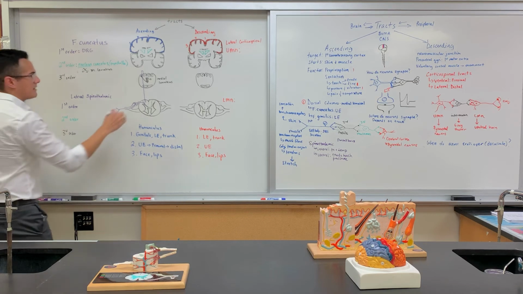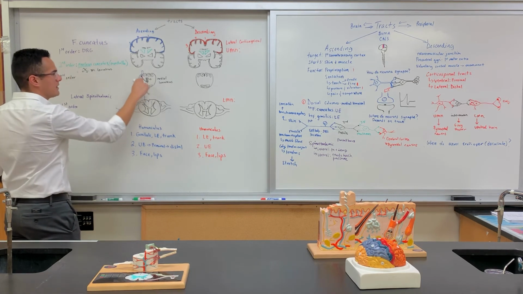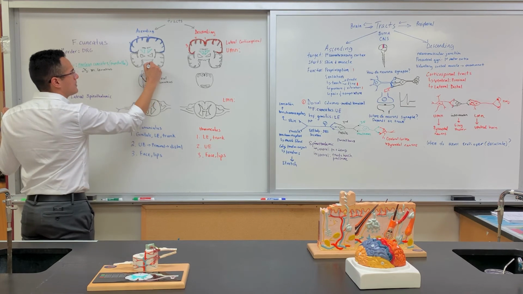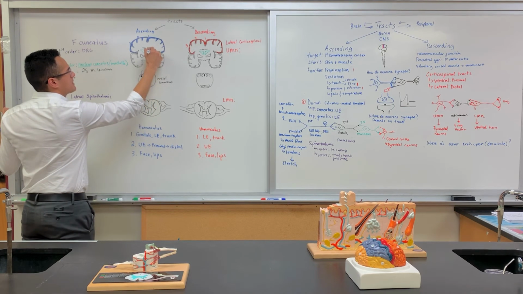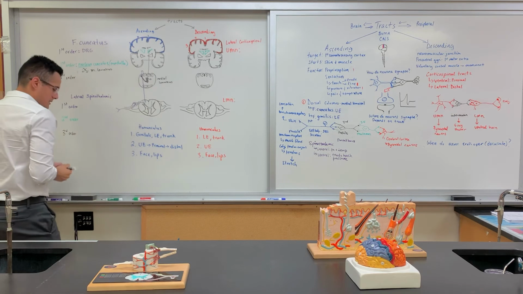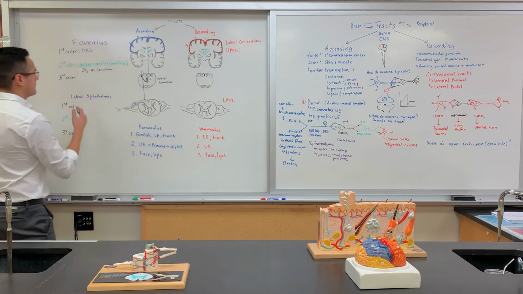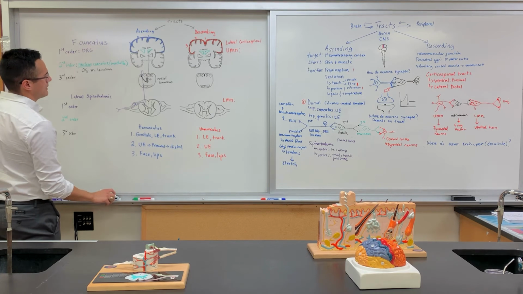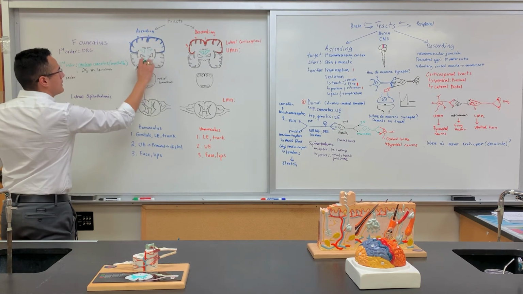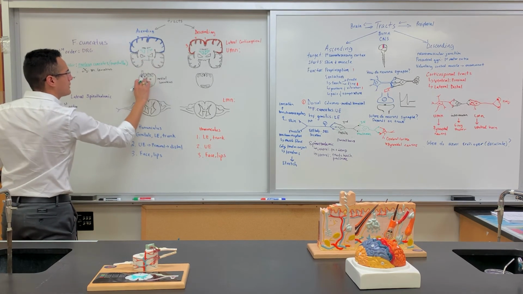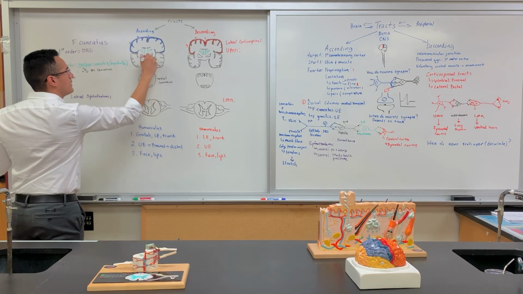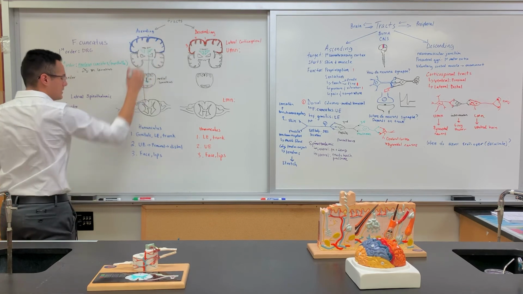Okay, so now let's continue following the second order neuron. So it goes here, goes up until it reaches the thalamus. So at the thalamus is where the cell body of, I should have done that in green. Yeah, let's do that in green, make it clear. So here it goes up, synapses here with the third order.